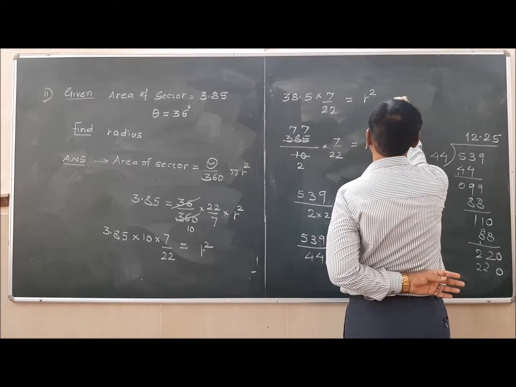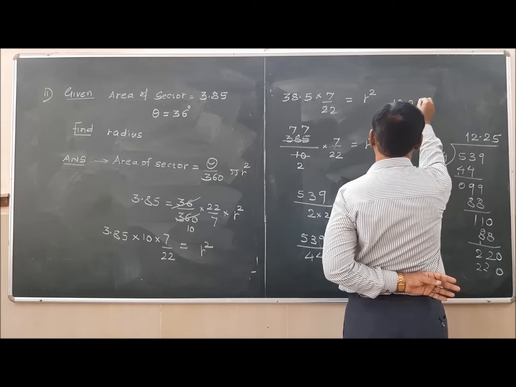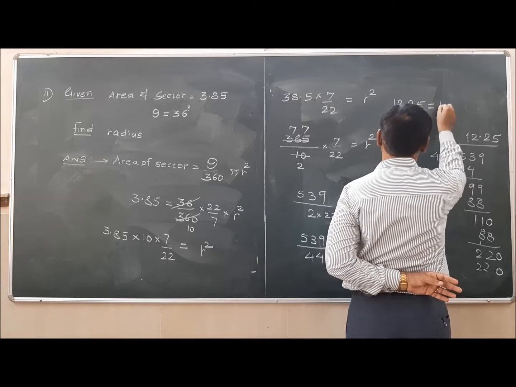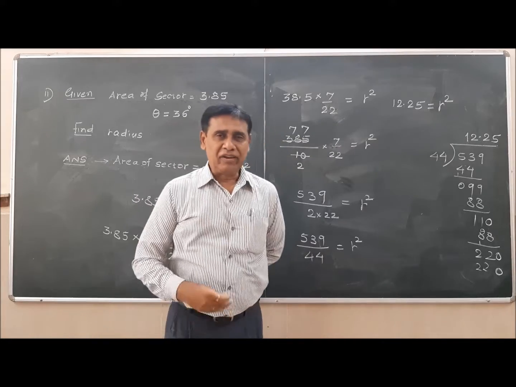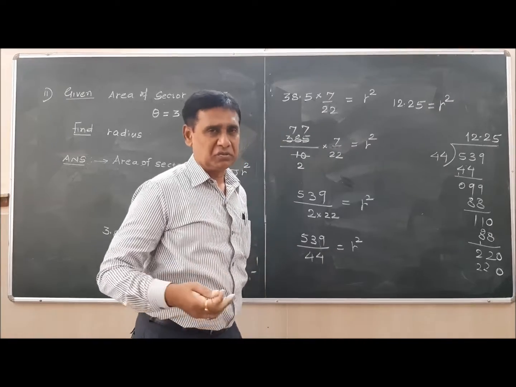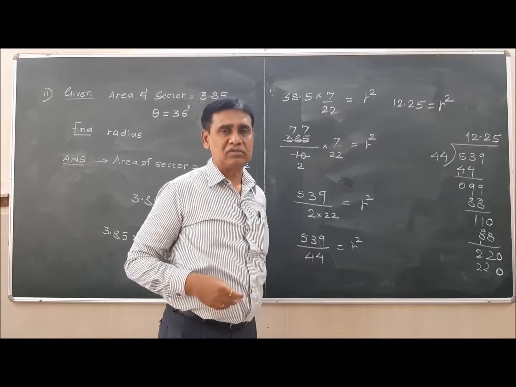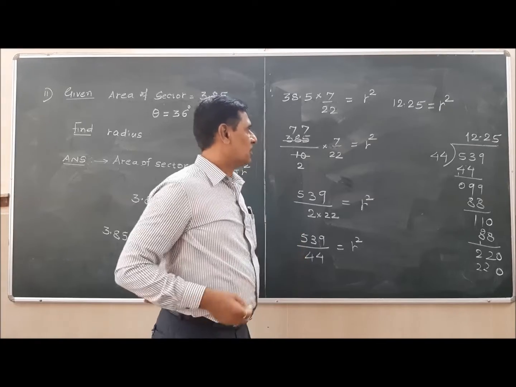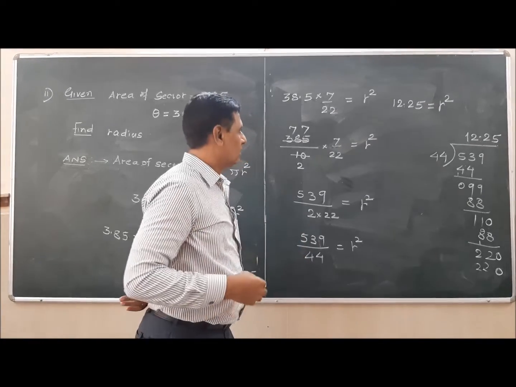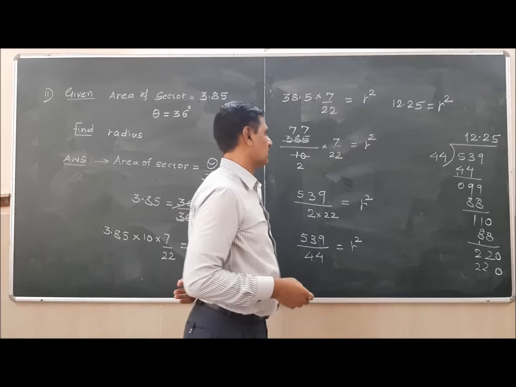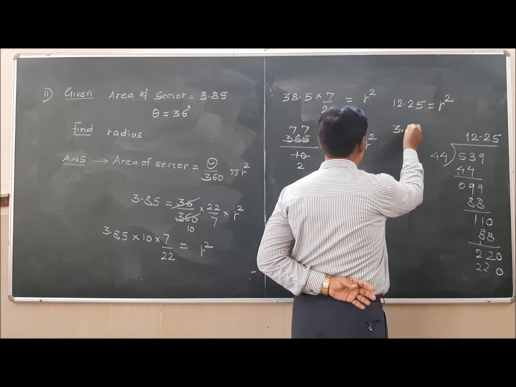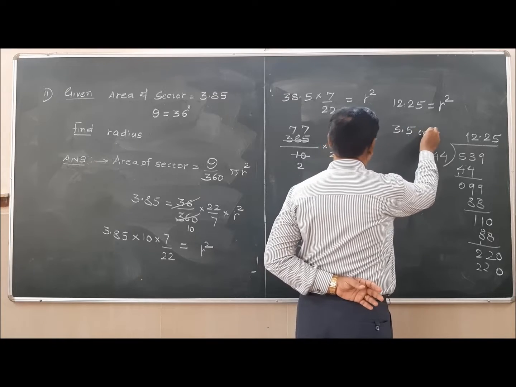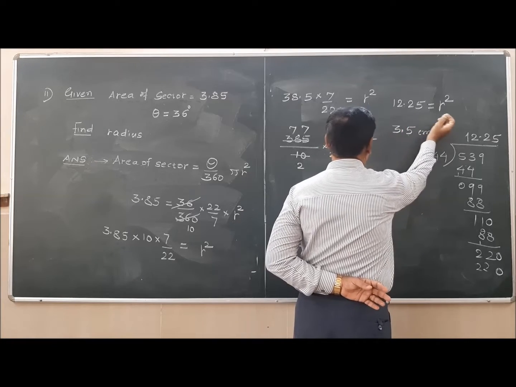So 12.25 is equal to r square. I feel there is no need to teach you how to find the square root of 12.25. You will find it is nothing but 3.5 centimeter.